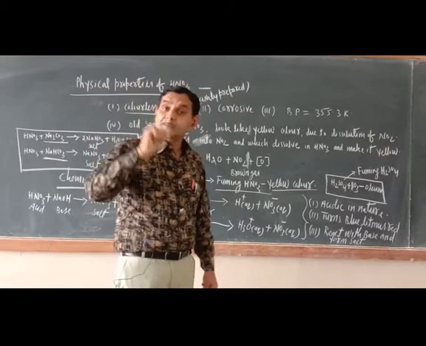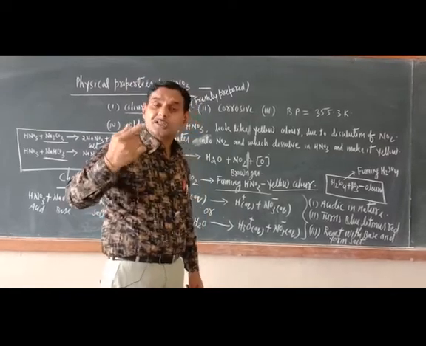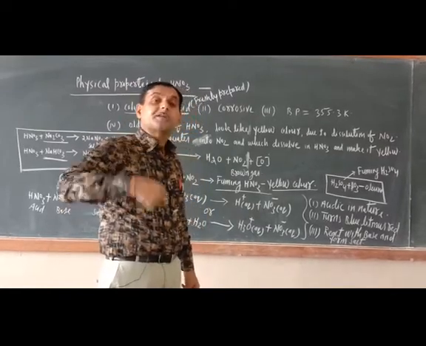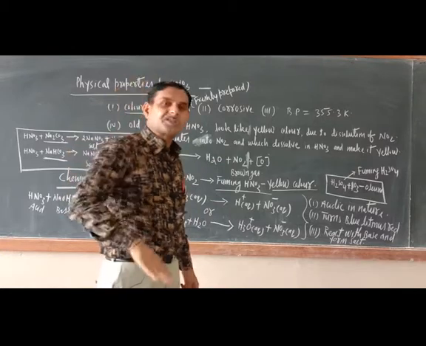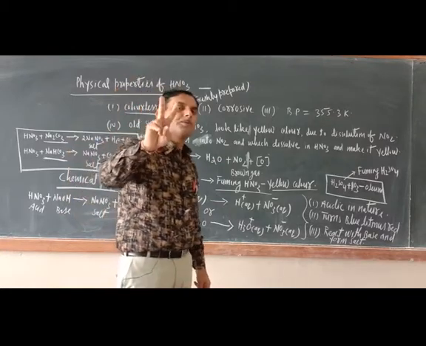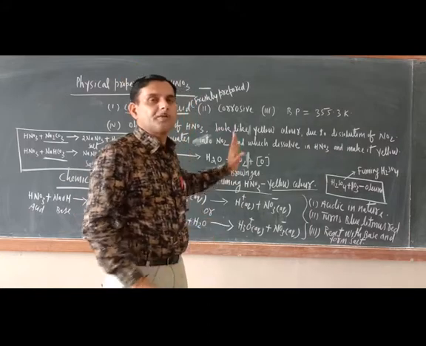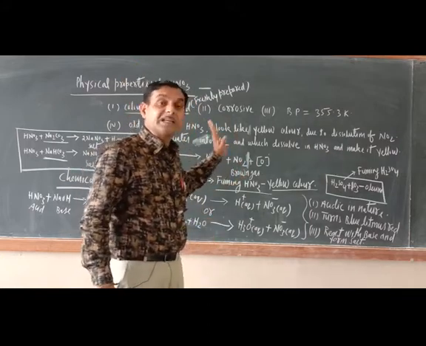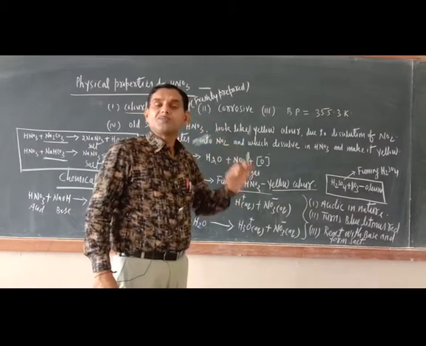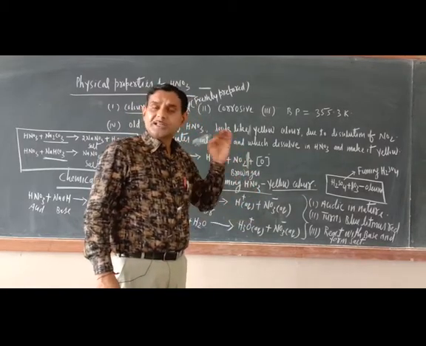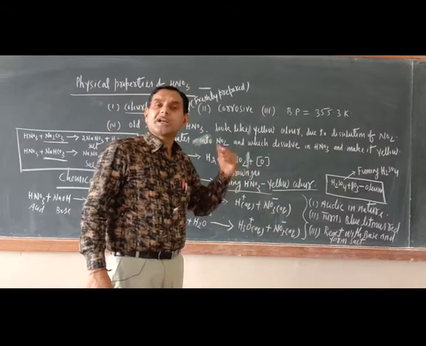Once again, for a substance which undergoes oxidation, its positive oxidation state must increase or its negative oxidation state must decrease. For a substance which undergoes reduction, its negative oxidation state must increase or its positive oxidation state must decrease. So if you know this concept, then only you will remember. But remember, it is very easy also. You only need to understand the concept of oxidizing agent, reducing agent, oxidation and reduction.